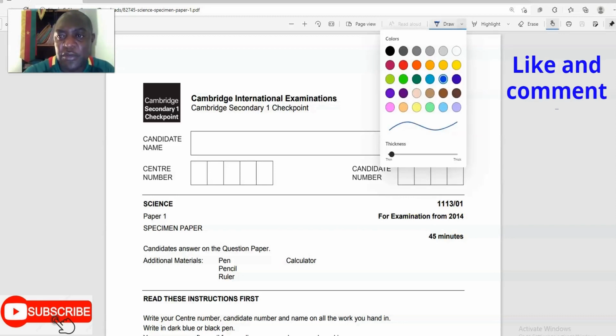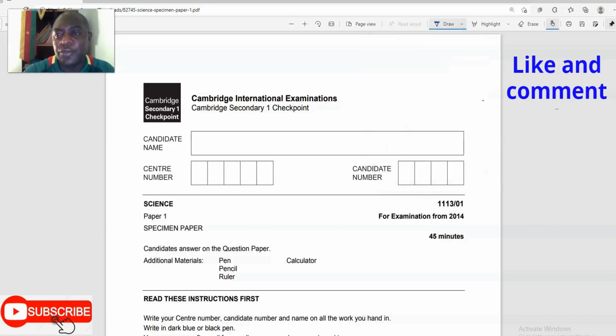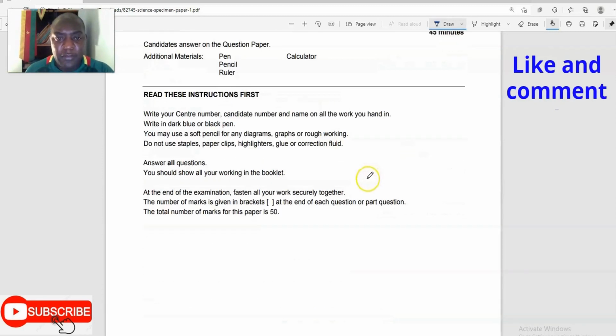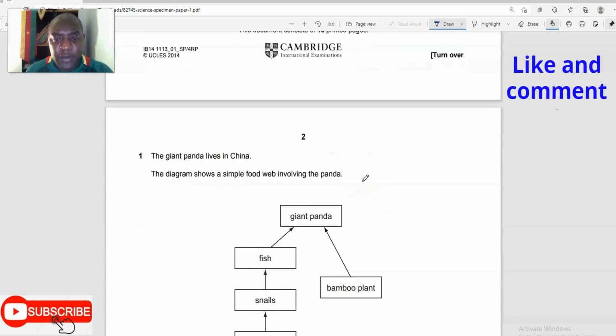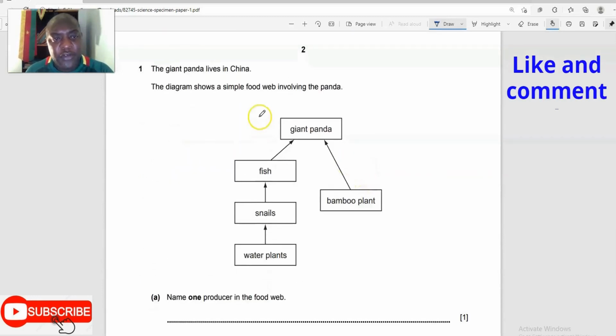Alright, so I am going to get my pens started. I'm going to use blue. So basically this is the question paper, and this is the first question. Right here it says the giant panda lives in China. The diagram shows a simple food web involving a panda.